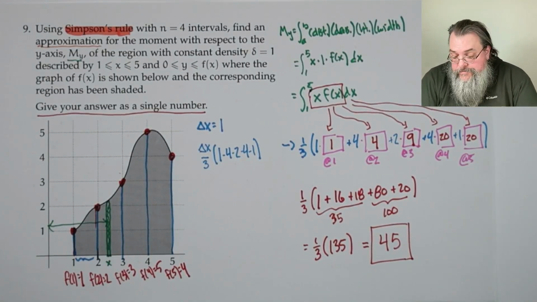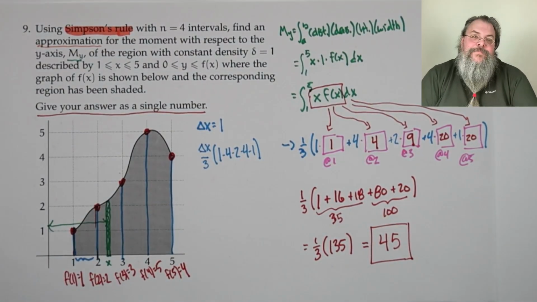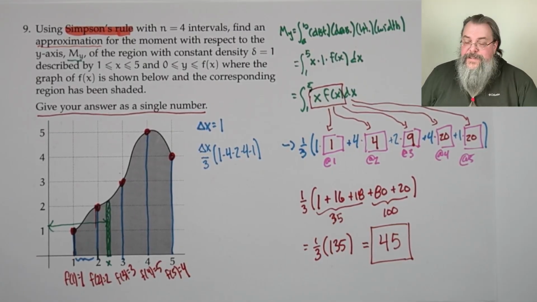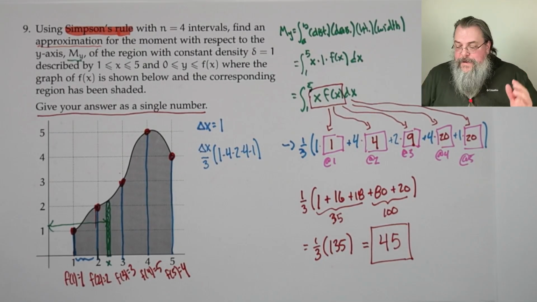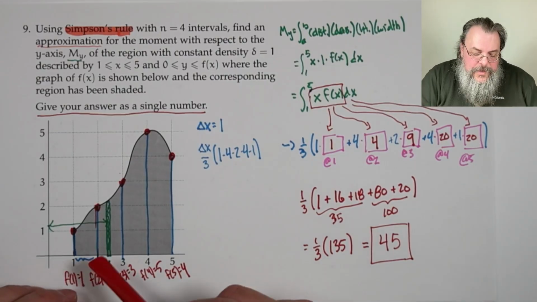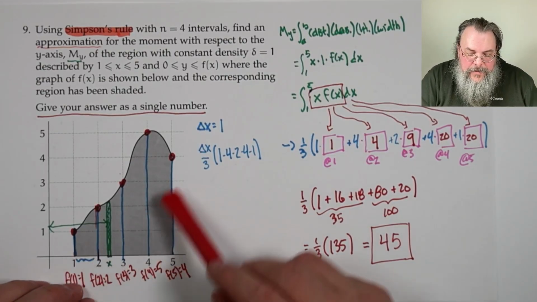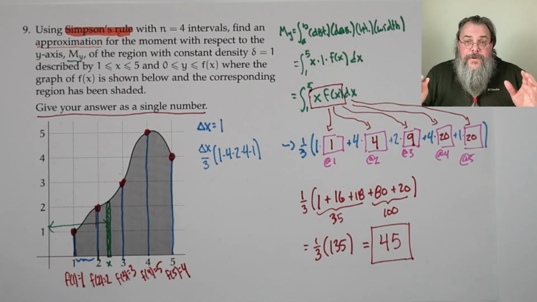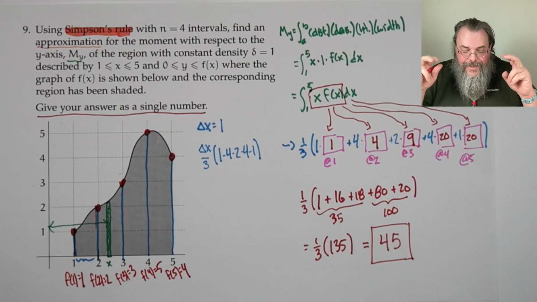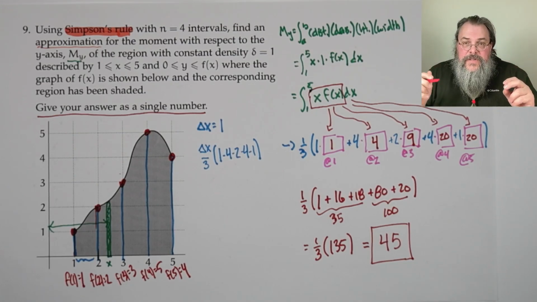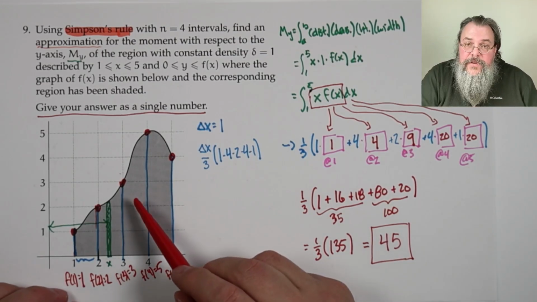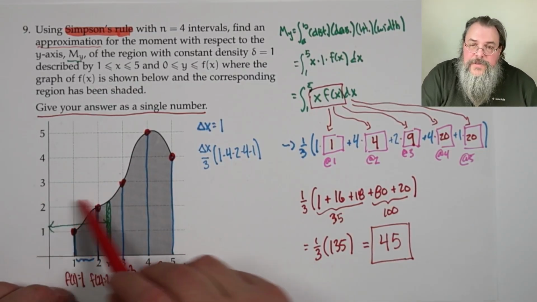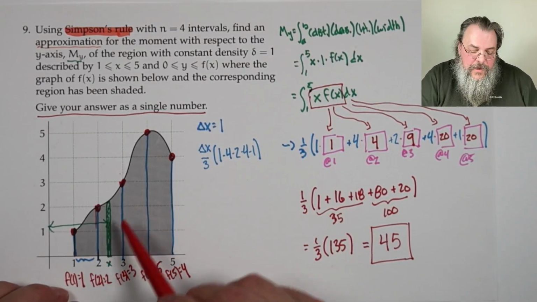Is that reasonable? Actually, it is, yeah. You can kind of eyeball it and guess somewhere in the ballpark of 45. Let me sort of reason why that might be true. First off, if you knew where the center of mass was for this shape, then say, okay, take the total mass and imagine it was centered at just a single point. And then what's the moment if that were the case? Well, you can count some squares.